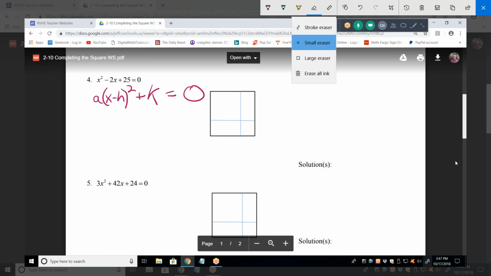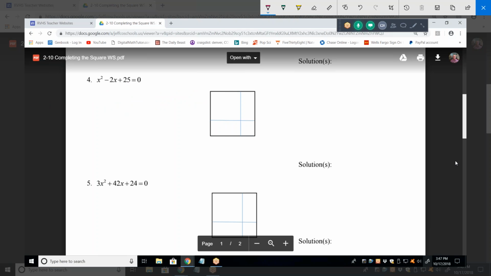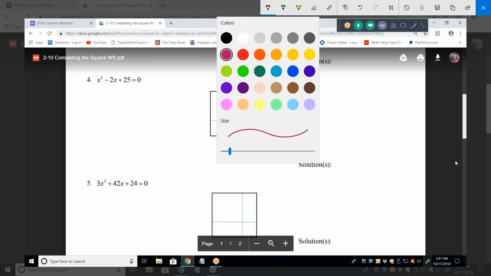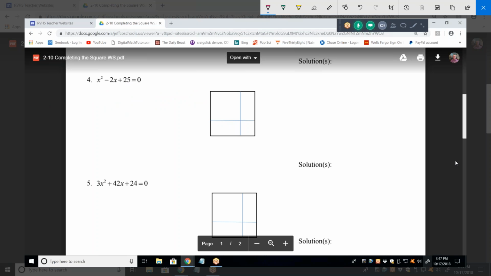That's not the goal. The goal is to solve the equation by completing the square. So that first step is going to be to isolate those two terms that have x, leaving enough room to complete the square. Next step.